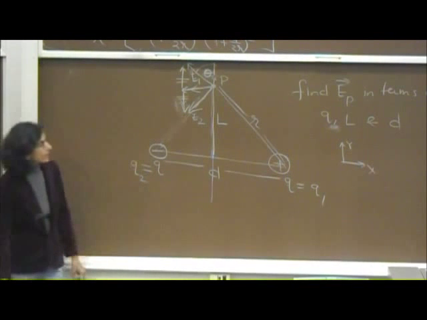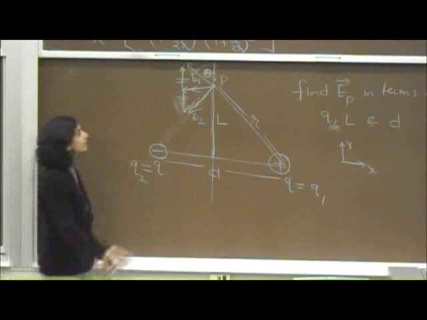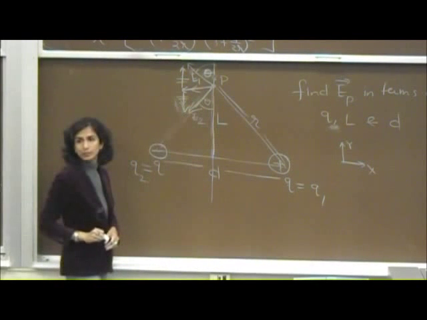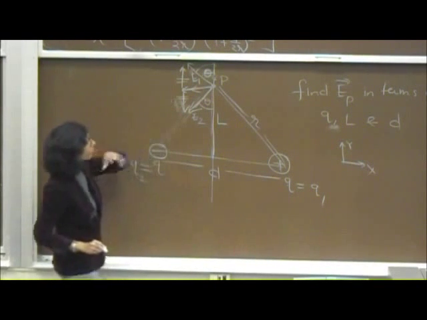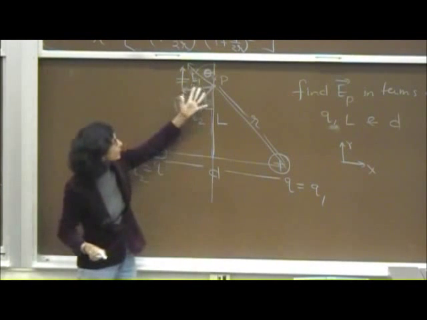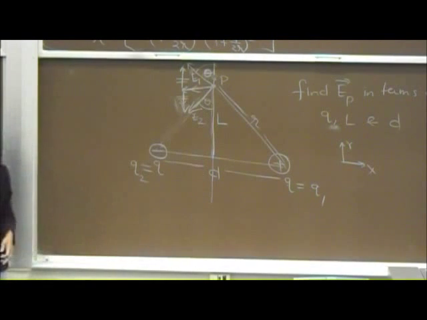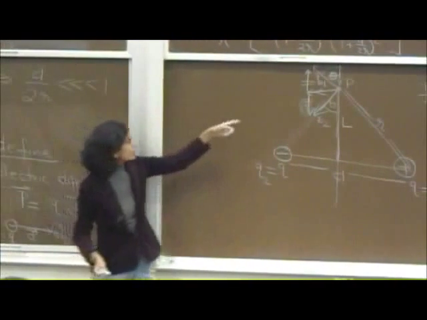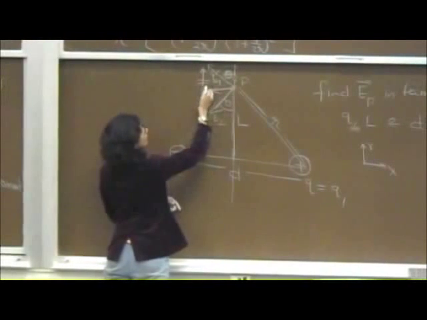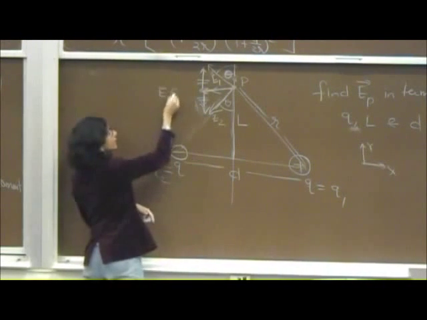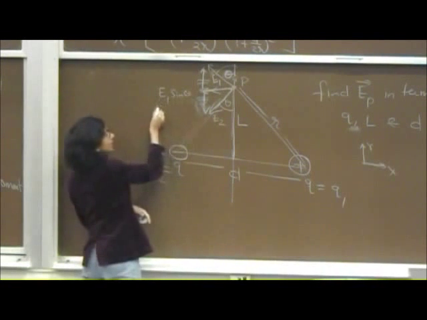Which angle is theta then? This one, right? You could call this thing theta, it doesn't really matter. If we call this thing theta, then can we find the components? Is that going to be E1 sine theta and E2 sine theta?